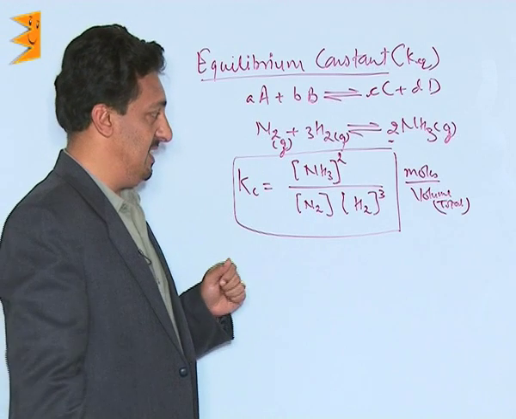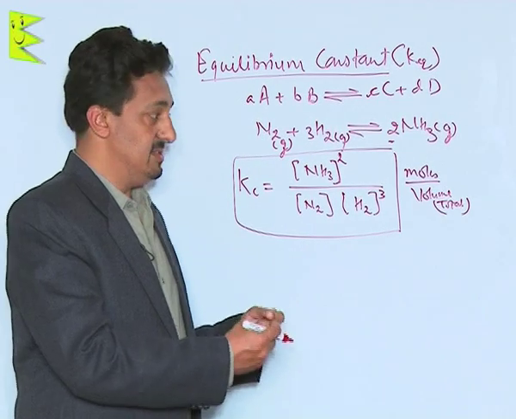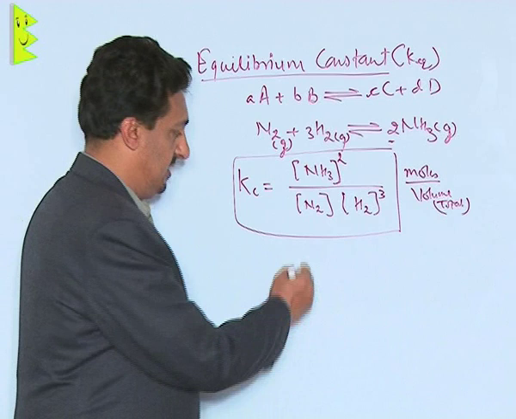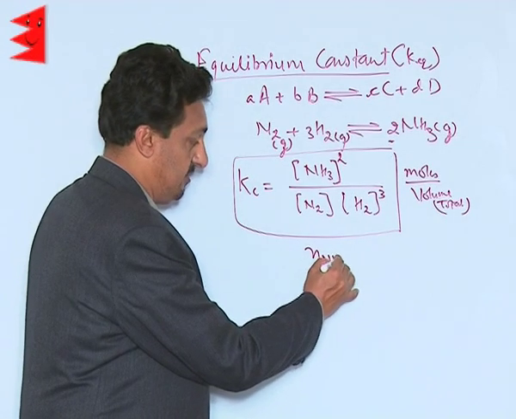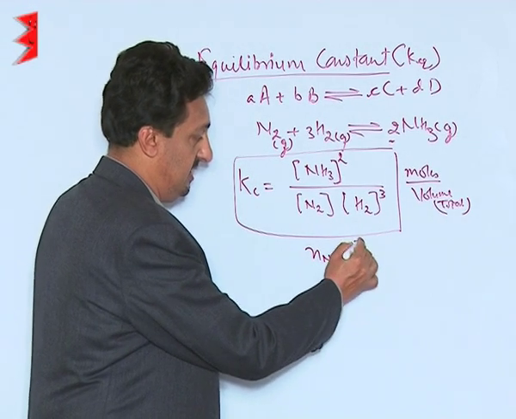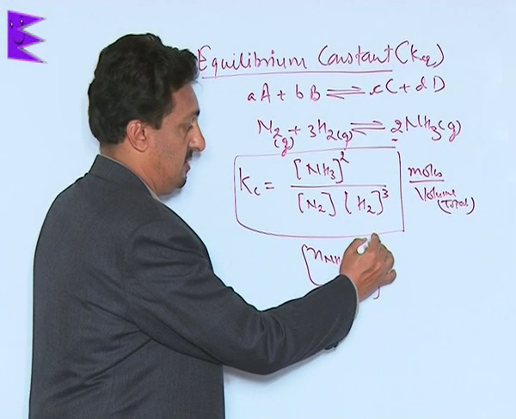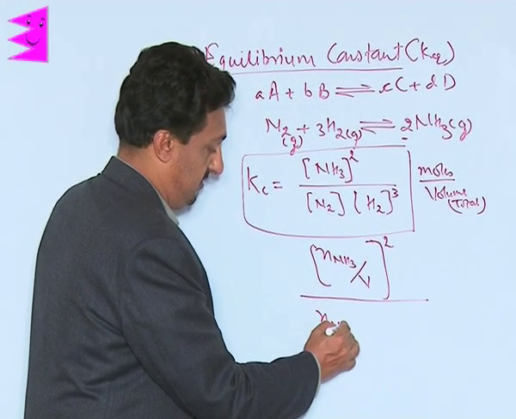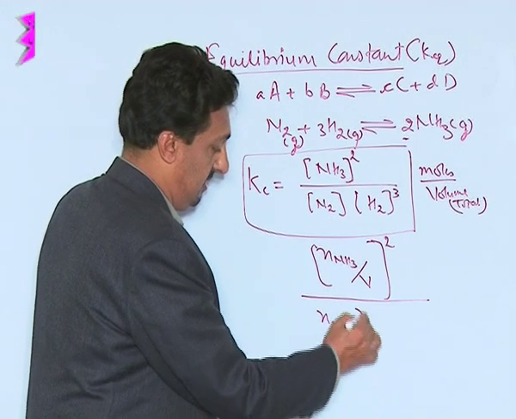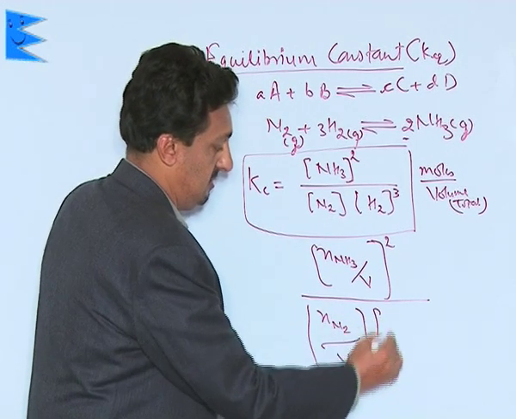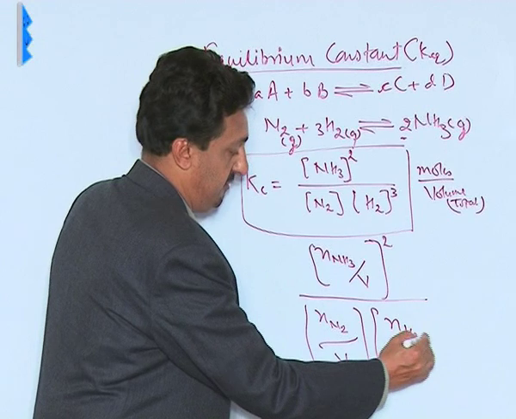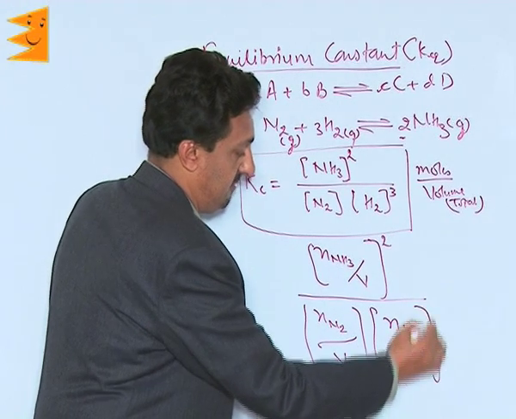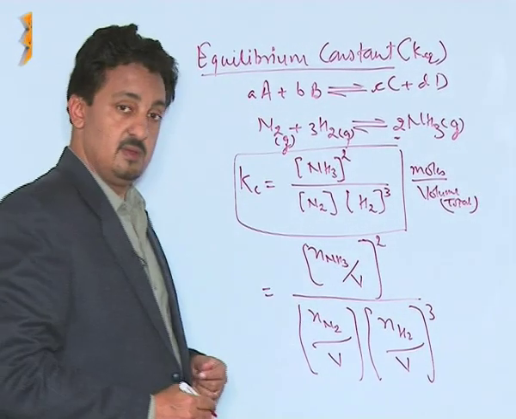So basically we can also write down the same thing in terms of the number of moles of ammonia upon V to the power square, number of moles of nitrogen gas upon V, and number of moles of hydrogen gas upon V to the cube.